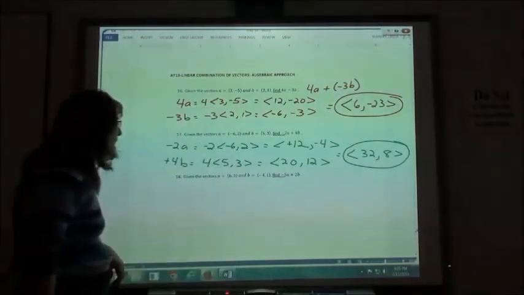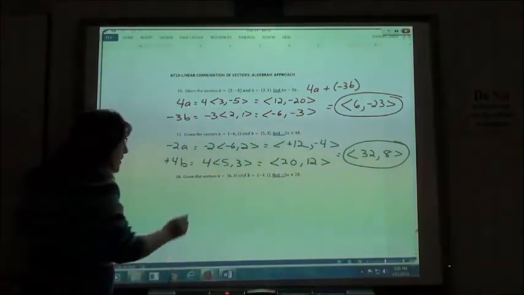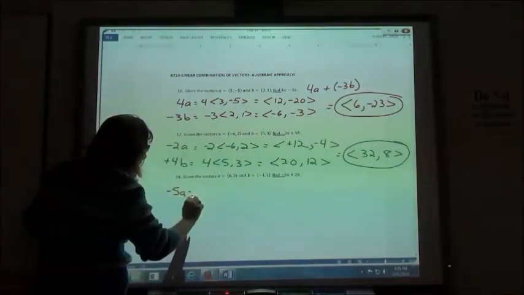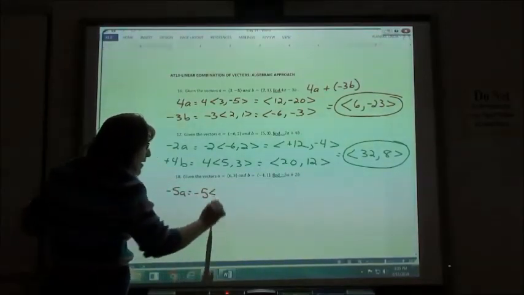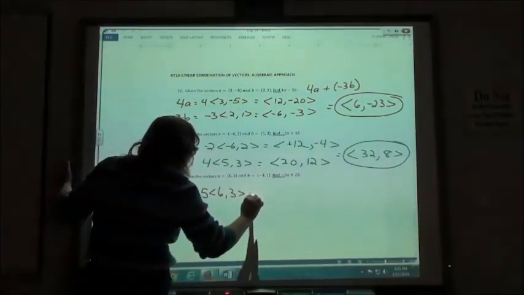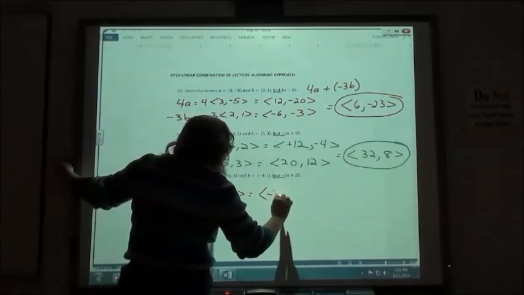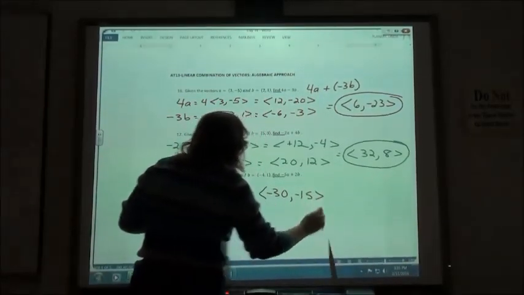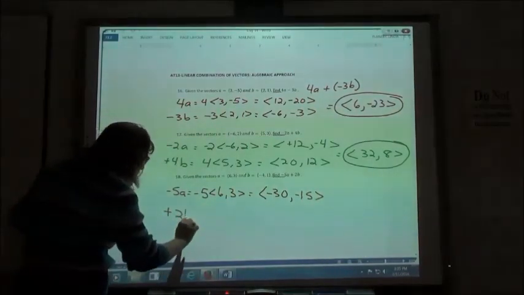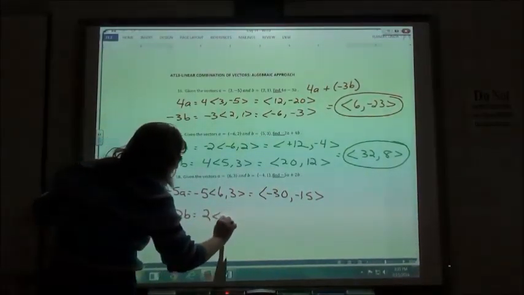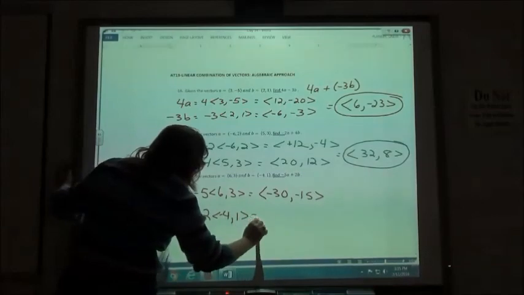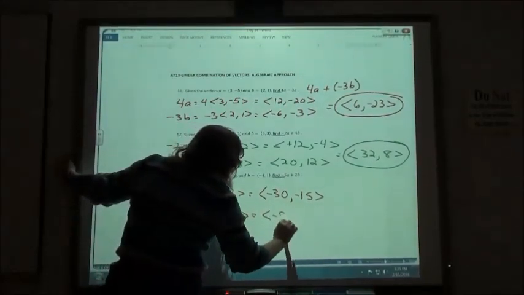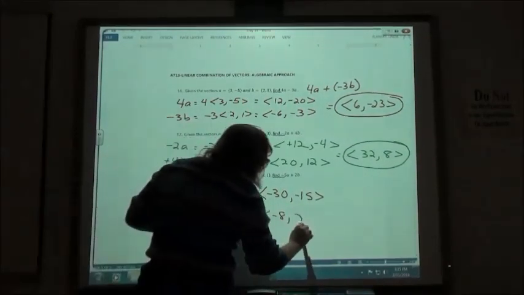And the last one, negative 5a plus 2b. So negative 5a, negative 5 times 6, 3 would give me negative 30 and negative 15. Positive 2b, 2 times negative 4, 1 then, would give me negative 8 and 2.